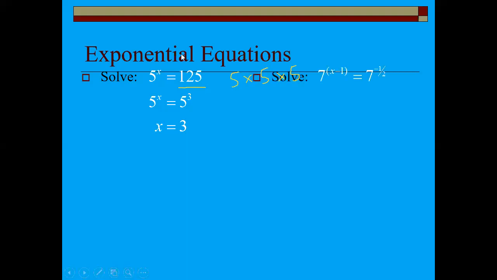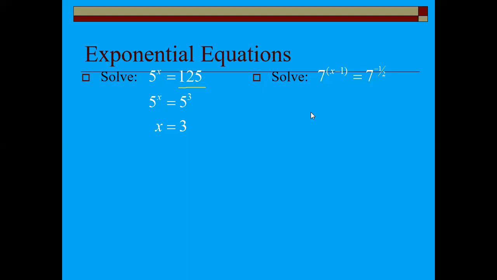Now let's look at another example. Here we're asked to solve 7 raised to the power x minus 1 equals 7 raised to the power minus half. Clearly the bases are the same, so the exponents will also have to be the same.